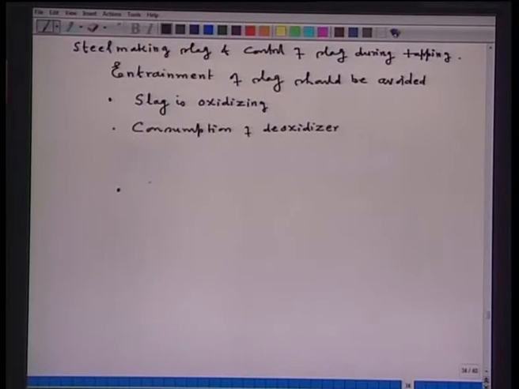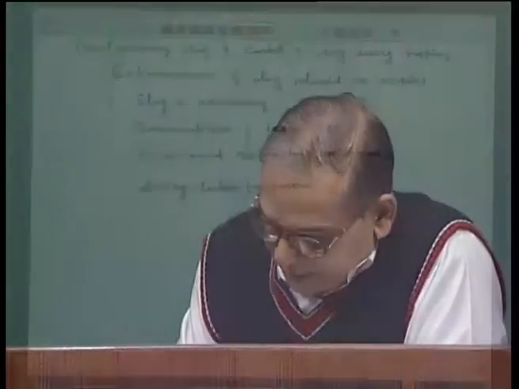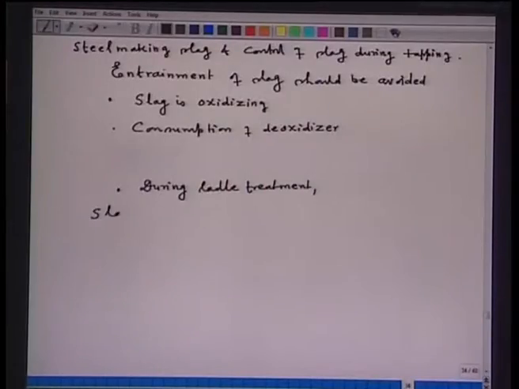Then during ladle treatment, some phosphorus can also revert to the metal, because if the metal which you have tapped in the ladle is entrained by the slag, then the slag also has P2O5. So, what is required during tapping is slag free tapping.